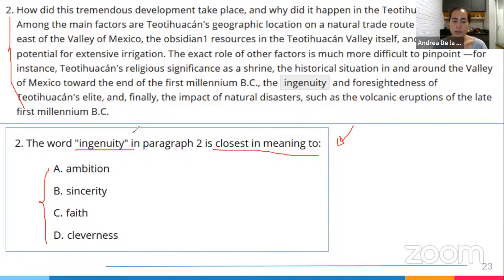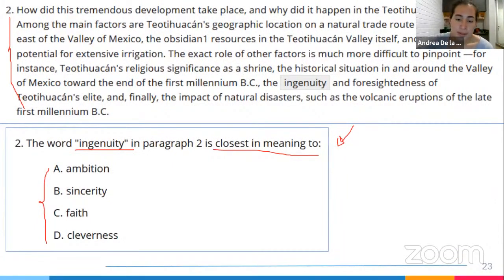Maybe you have more than one synonym for the word ingenuity. So not only does it have to be a synonym of the word, but it also needs to make sense in the context where it's used, right? Because some words have more than one definition, more than one synonym, but not all of them can be used in the same context. So you need to be careful with both things.